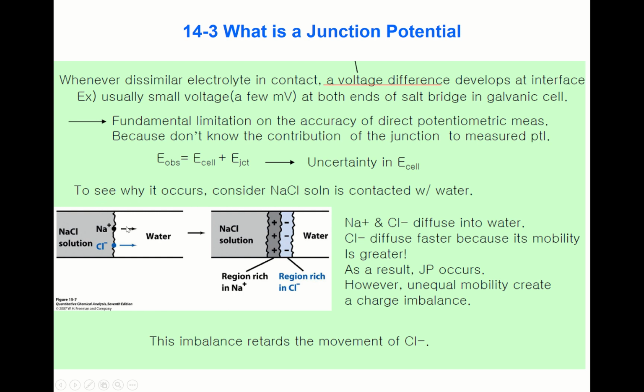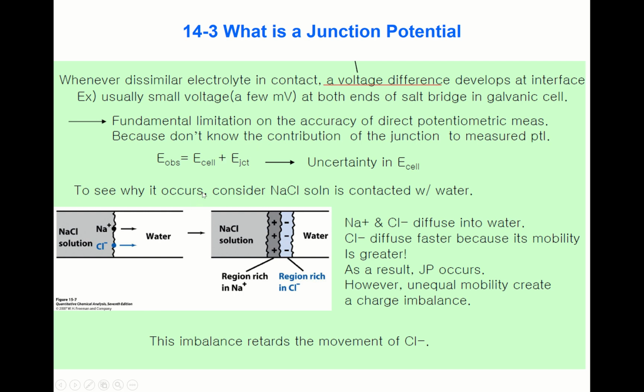But immediately after you put your probe here, there is another junction between your probe and this liquid, so another junction potential develops. Theoretically we can calculate this junction potential, but experimentally, strictly speaking, it cannot be measured. But junction potential does exist. That makes the electrochemistry quite complicated.